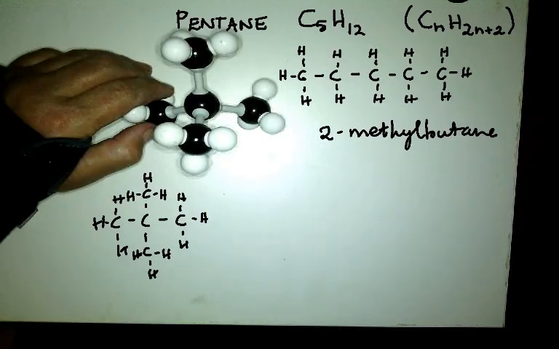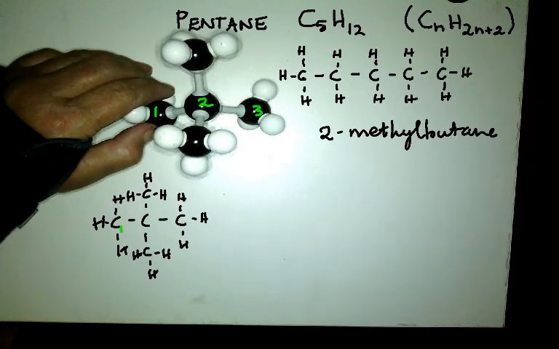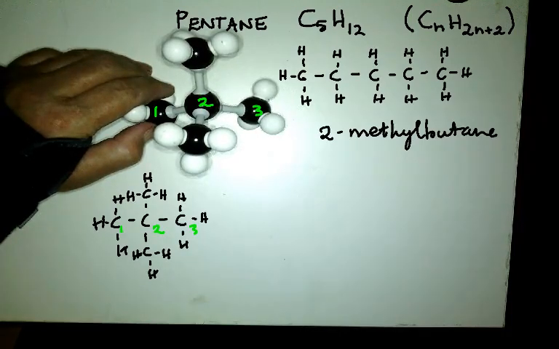Let's stay with convention: carbon 1, carbon 2, carbon 3. So the basic name of this isomer is based on the alkane with 3 carbons. So this is propane.